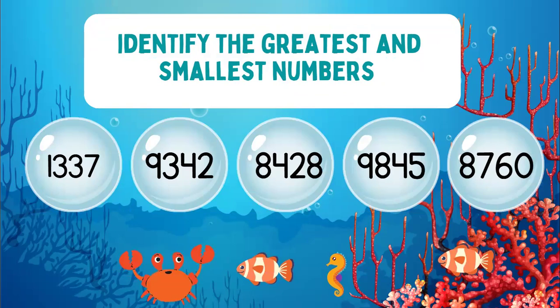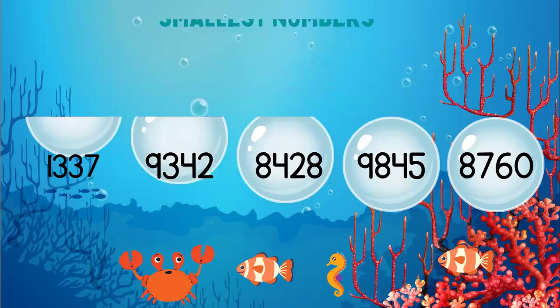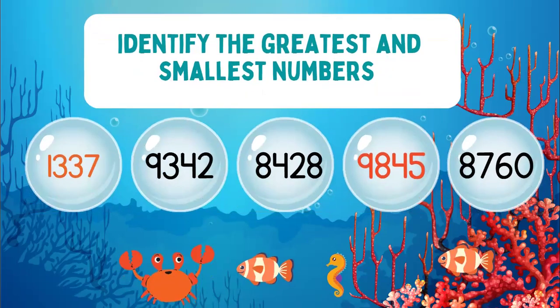Four-digit numbers. Let's see. This is getting tricky, huh? If you chose 9,845 as the largest and 1,337 as the smallest, you are truly an expert at these things.